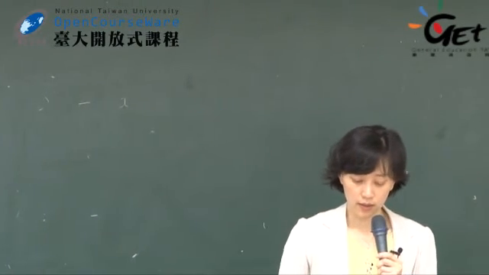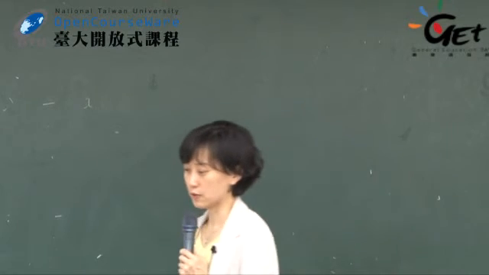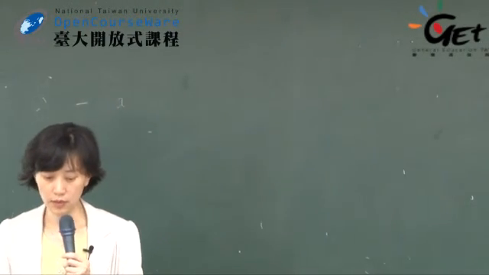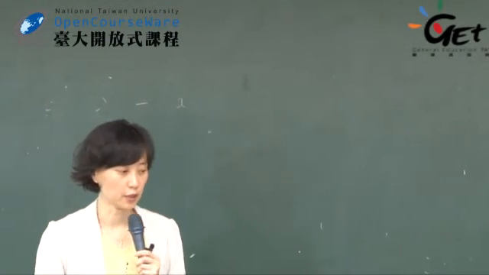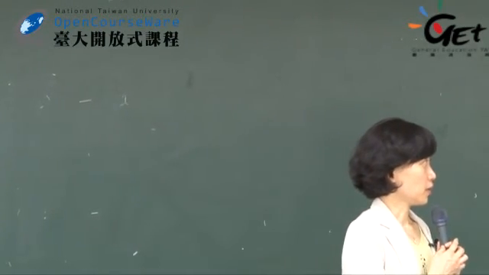So we can try to change the job design in order to avoid the problem of job stress. And we can also think of how to regulate working hours, how to secure people's income, etc.